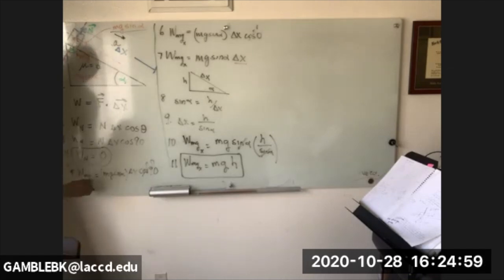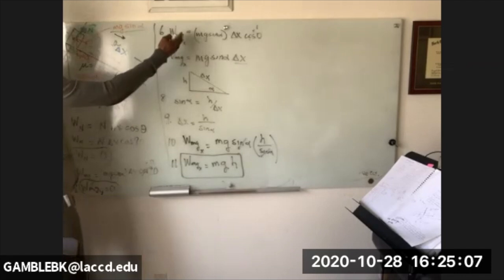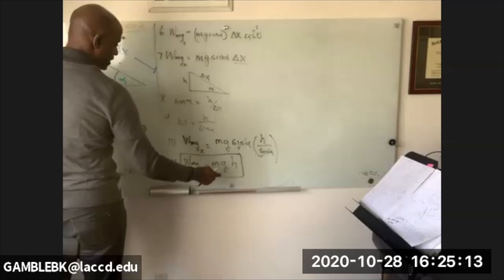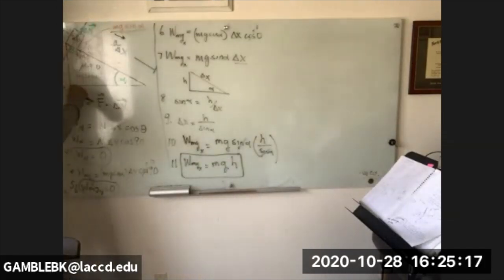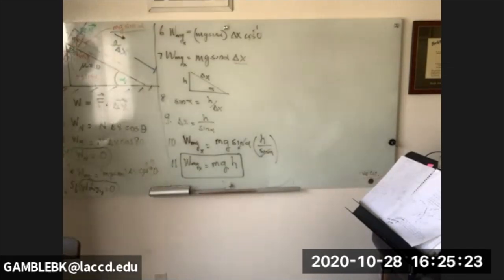So mg sub y is equal to 0. That's what we're saying, that the y component does no work, but the x component actually does all of the work on the object as it moves down, and that work is equal to the mass of the object times the acceleration of gravity times the height that the object is above the ground. That's a significant result that we'll talk about next chapter in terms of potential energy.